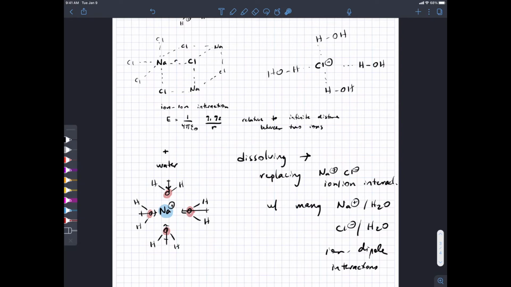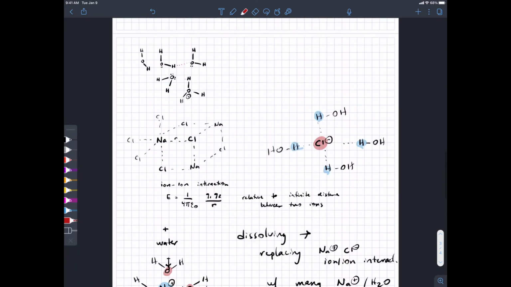So that's kind of the same idea of why, for the quadrupole interaction with the cation and benzene, why that would be more favorable than the cation with water? Probably because benzene can have more surrounding it.